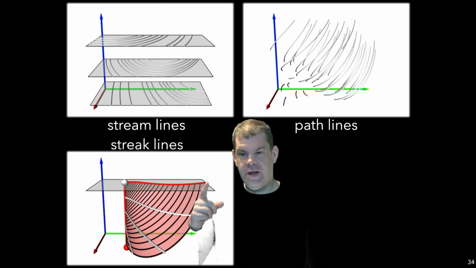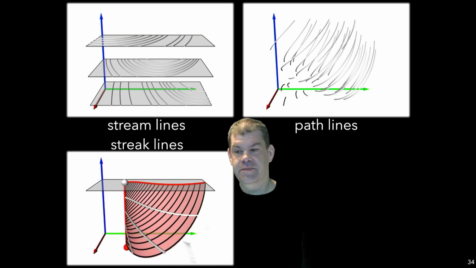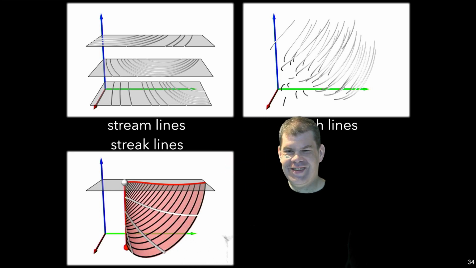Like these black ones, we've got a red one here, we got a gray one here, we got a red one here. Which one is the streak line? Any idea? So it's actually pretty funny, these streak lines are kind of the hardest one to explain, even though it sounds easy, right?